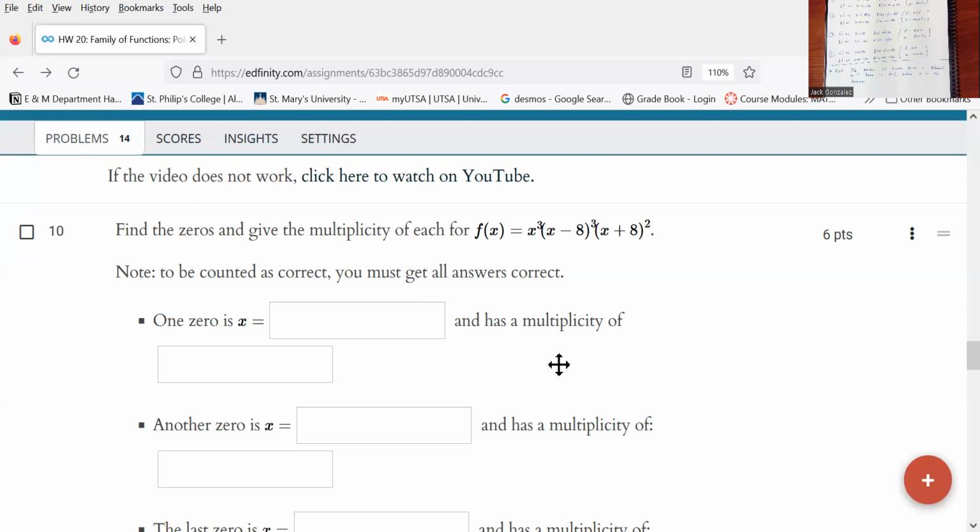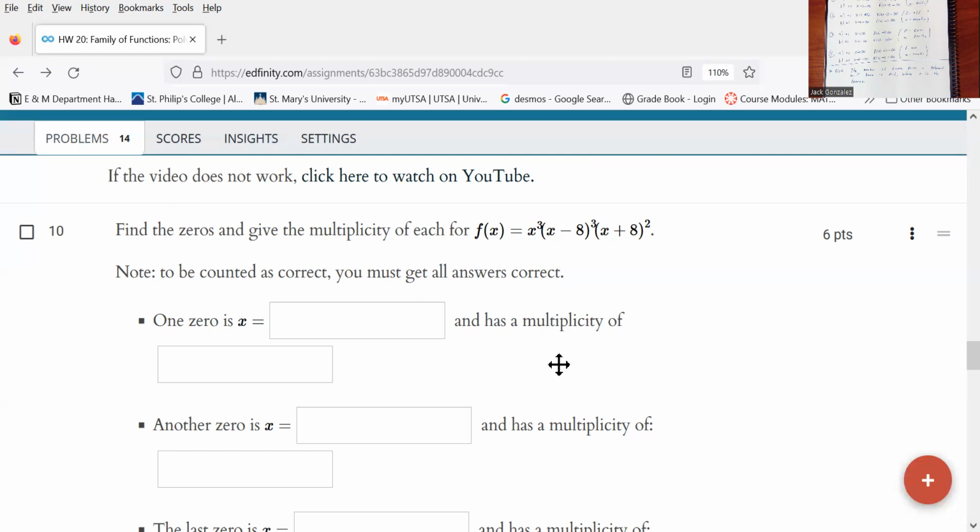Plug in 0, plug in 8, plug in negative 8, and you get 0, which is the intercept. I can't talk about this unless that makes sense. Is that clear, or do you want to see more steps? Let me know.